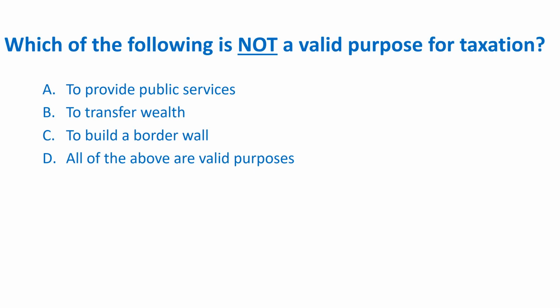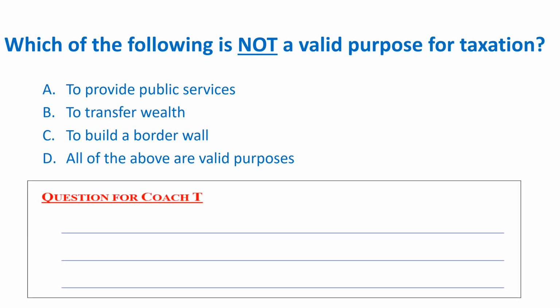Okay, the correct answer is D, because we just studied provide public services, transfer wealth, then to induce investments. But building a border wall from taxpayers' money is a fair game, but it may not be the best game. It may not be the best use of tax revenues, but it is a valid purpose for taxation.